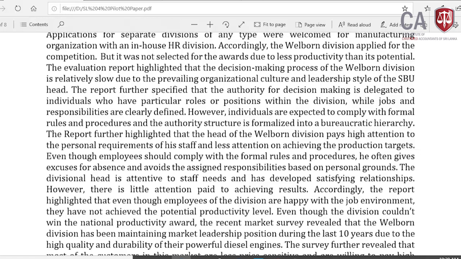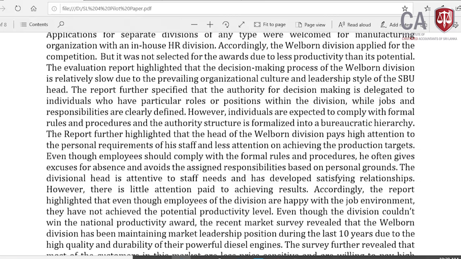The report further highlighted that head of the well-born division pays high attention to the personal requirement of his staff and less attention to achieving the production target. Now, look at now some information are given on the leadership style. They are looking about the staff requirement, but giving less attention to the production target. If you remember the theory you have learned under the behavioral leadership styles, you have learned there are two aspects a leader can focus.